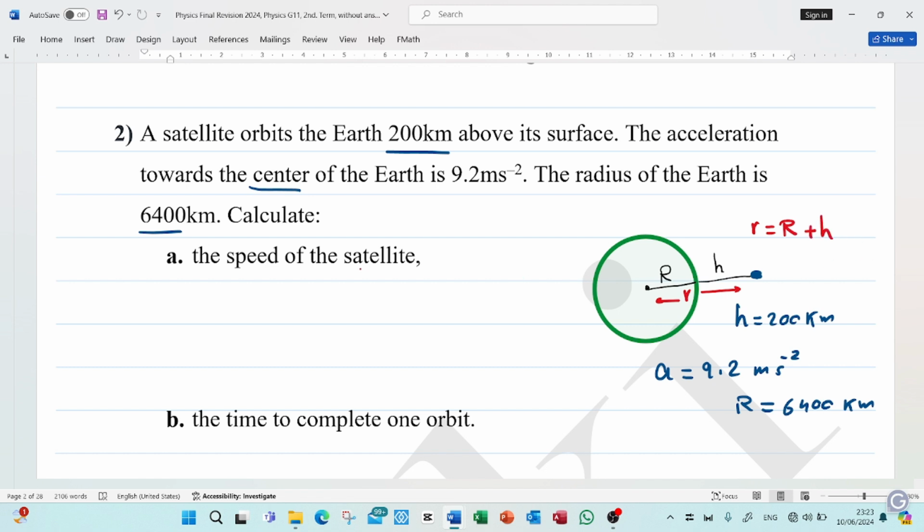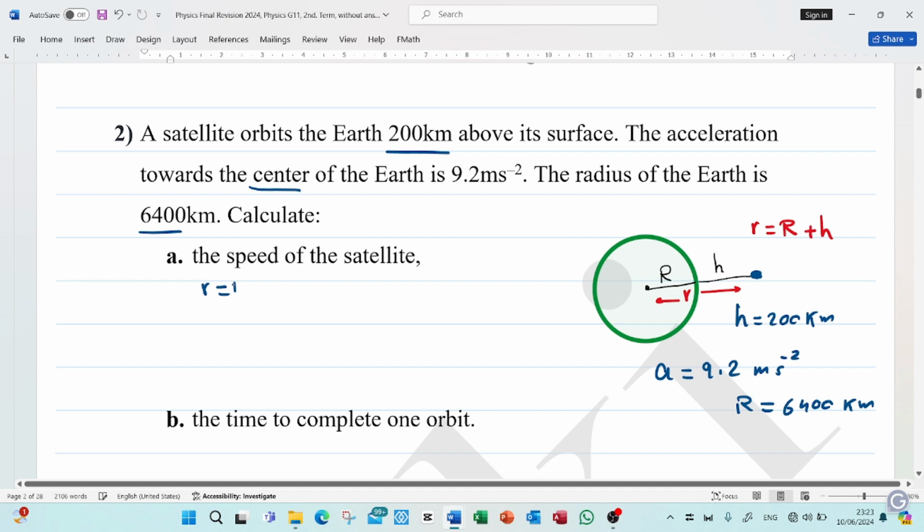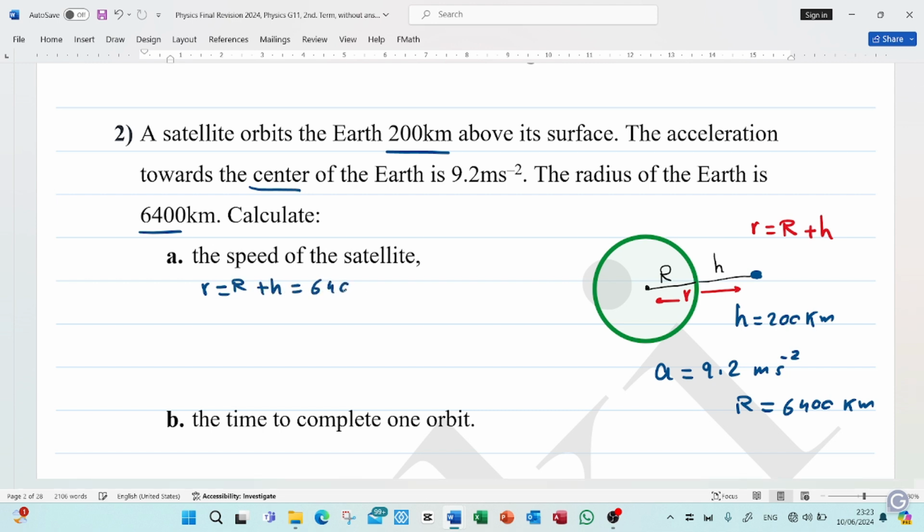So the first step, we calculate R. R small equals R capital plus H, R capital 6,400 plus H 200. So it becomes 6,600 kilometer. We convert to meters, then R equals 6.6 multiply 10 to the power 6 meter. So this is the R.